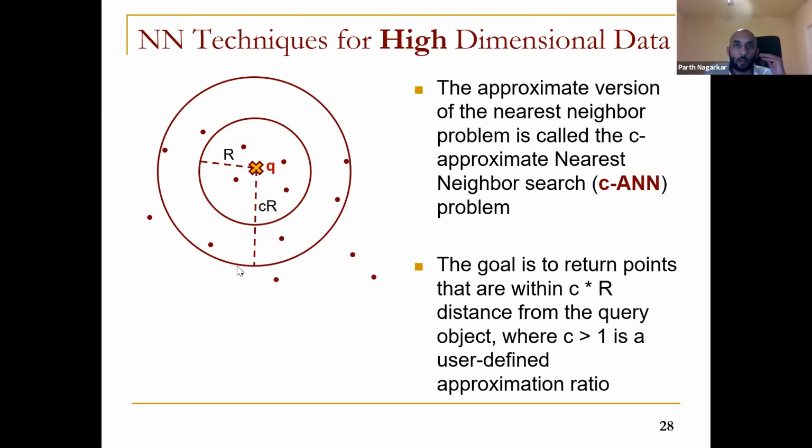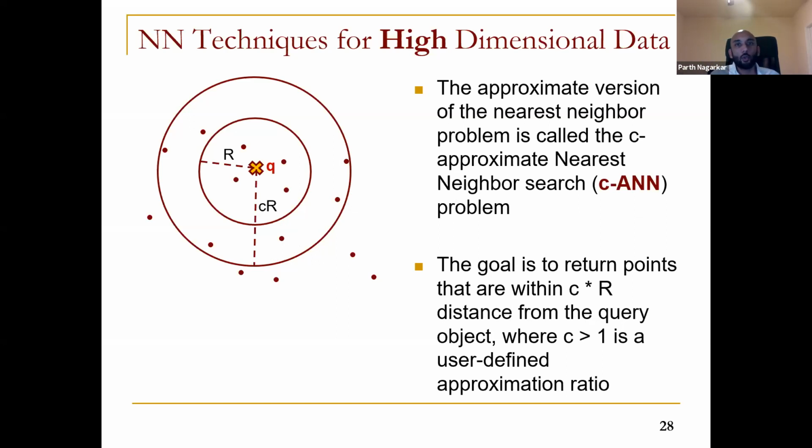In the interest of time, in the interest of really good performance, I am okay with getting some inaccurate results, where a point inside CR versus a point inside R are probably going to give you similar results.